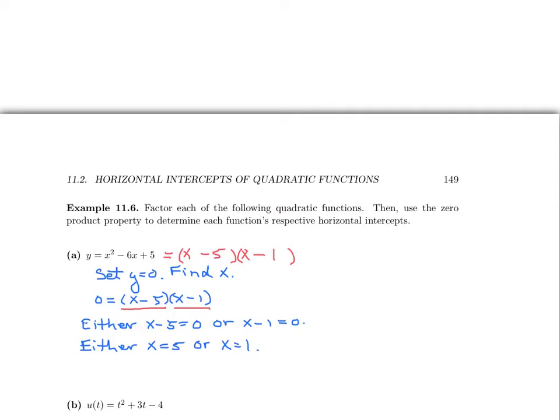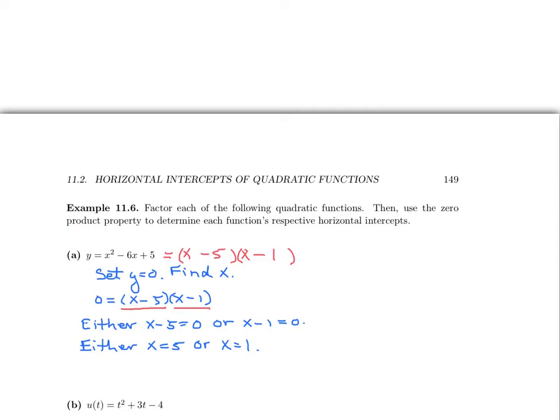So in other words, when we set our output to 0, there are two values of x, 1 and 5. Both of them cause y to be 0, and we can check. If I take 5 and substitute it back into our function, I get 5 minus 5, that's 0, times 5 minus 1, that's 4. I get 0 times 4, and that product is 0. So setting my output equal to 0 yields two values of x that would cause y to be 0.